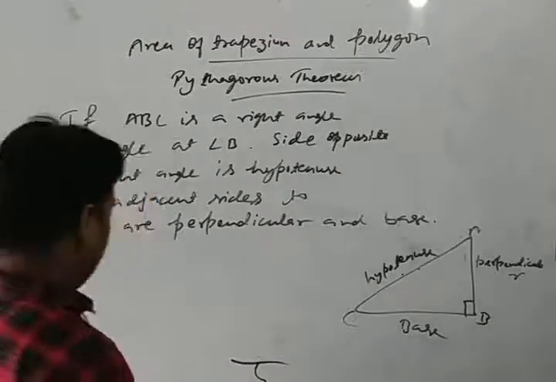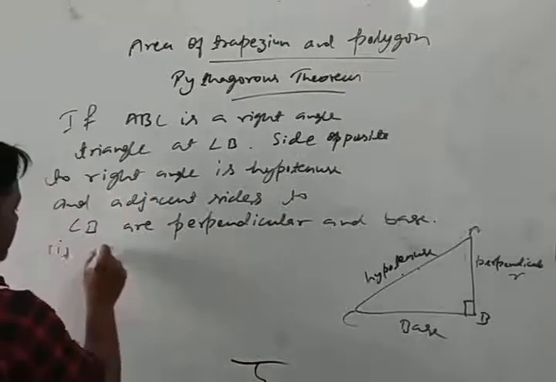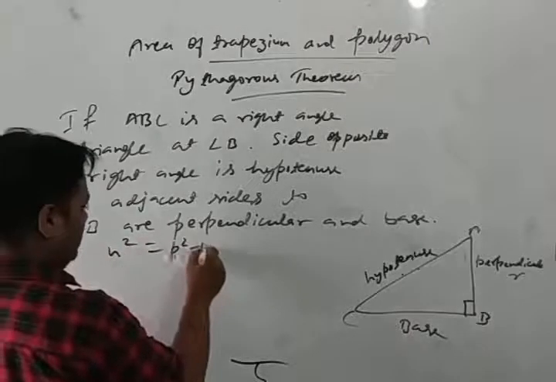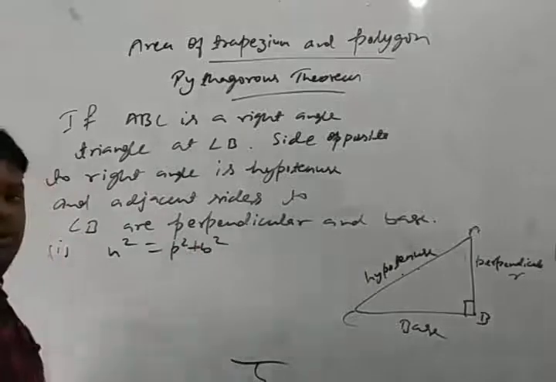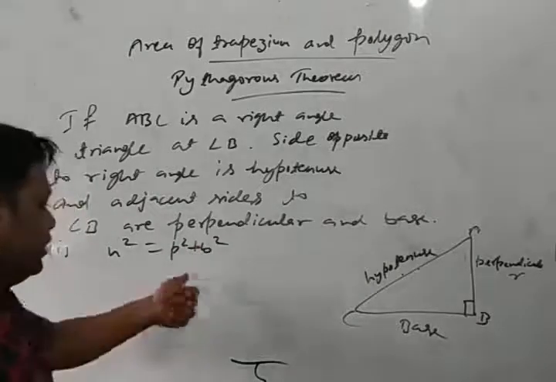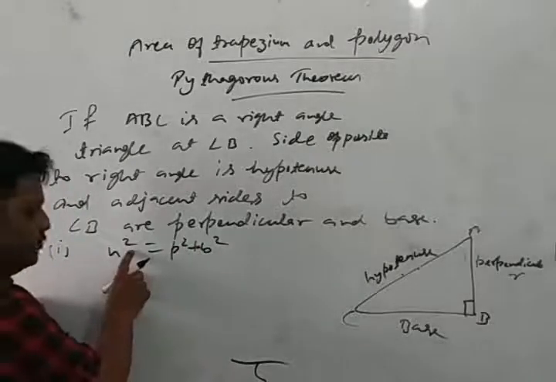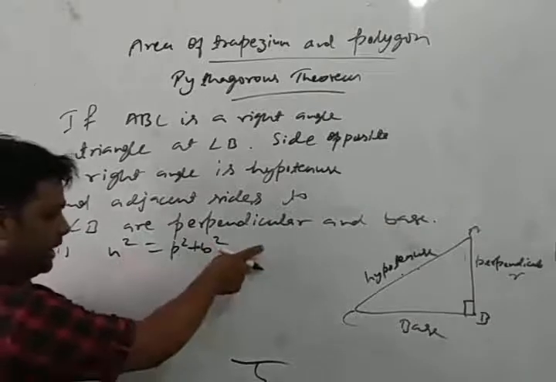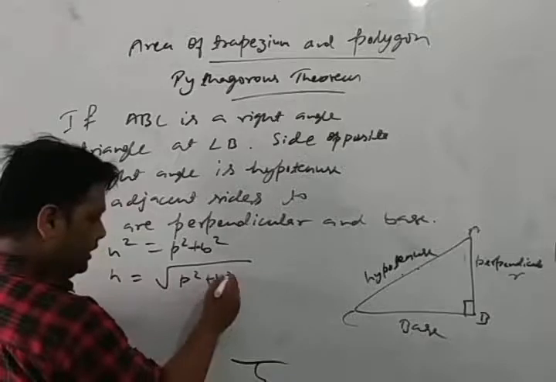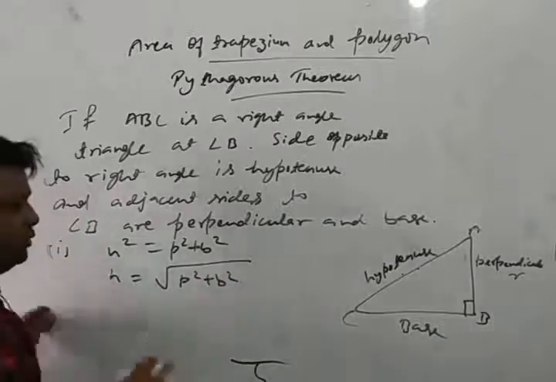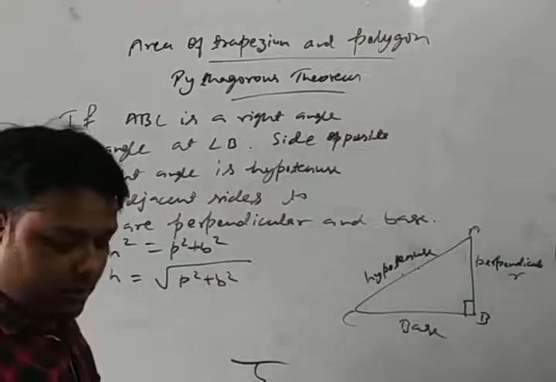There is a formula for this: h square is equal to p square plus b square. If we remove the square, then on the other side it will be under root, so we can also write h is equal to under root p square plus b square.